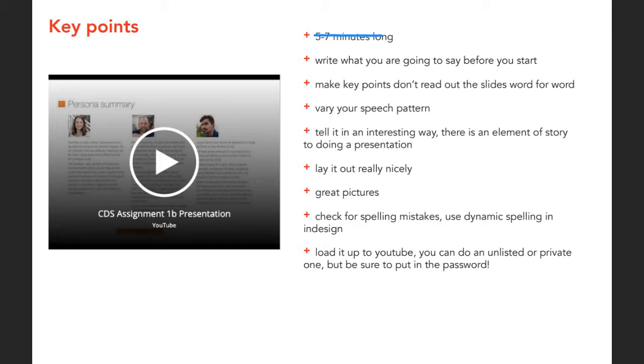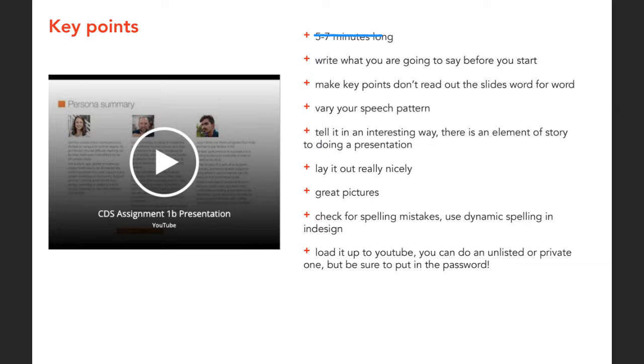Also take time, maybe even to practice it once or twice, to vary your speech pattern and tell it in an interesting way. There is an element of story to doing the presentation. You've got the beginning, where you're setting it up for us. Then the middle, where you're delivering all the meat of the presentation, and then the end, where you sum it up again and finish up.